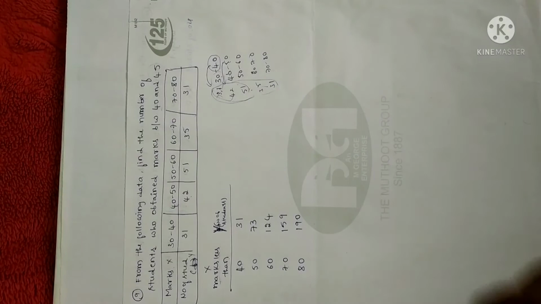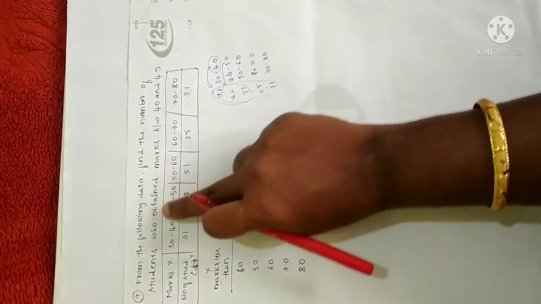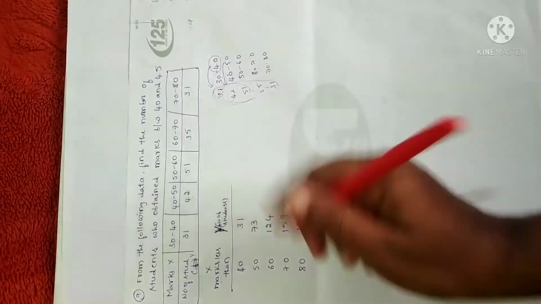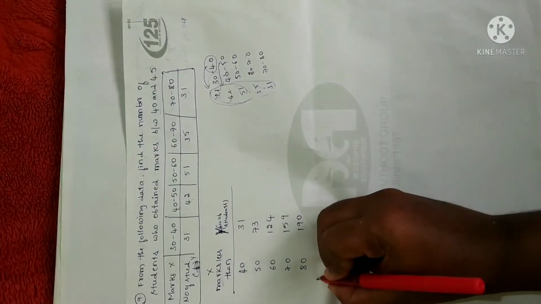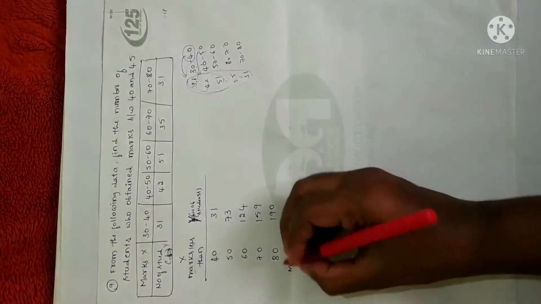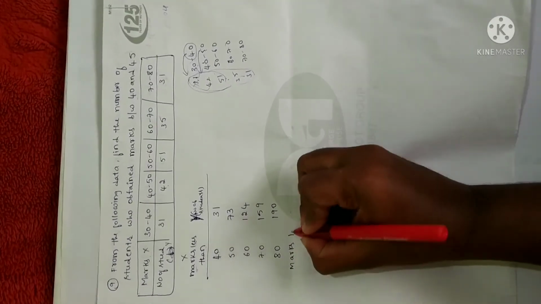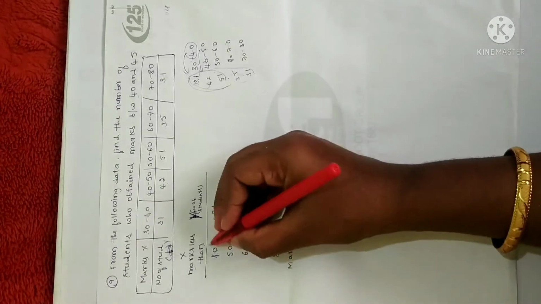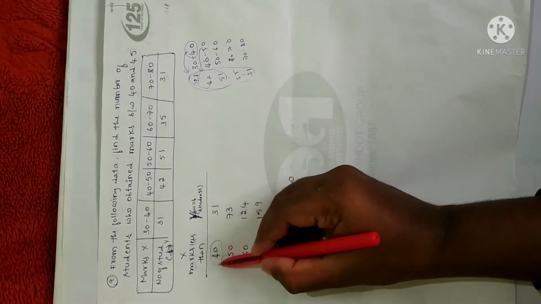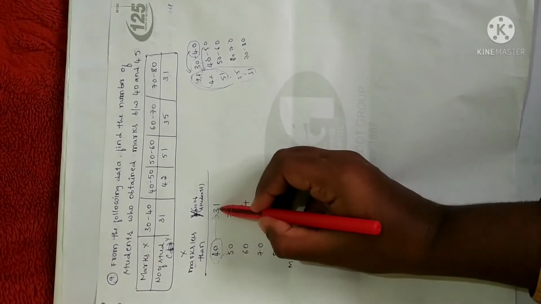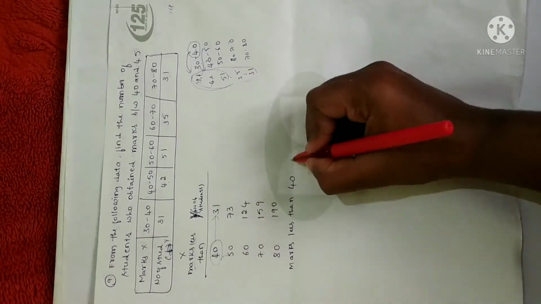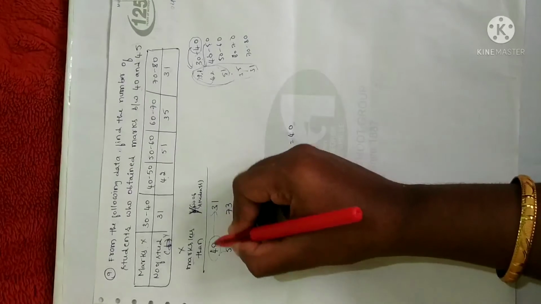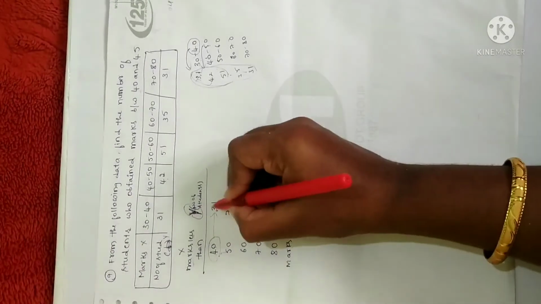Now we have to find the number of students who obtained marks between 40 and 45. First, we have to find marks less than 40. You can note that in the table itself we can obtain marks less than 40. How many members are there? Marks less than 40, it is 31. So at X equal to 40, the Y value is 31.